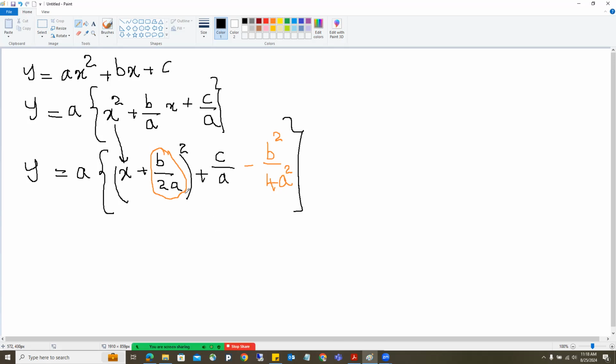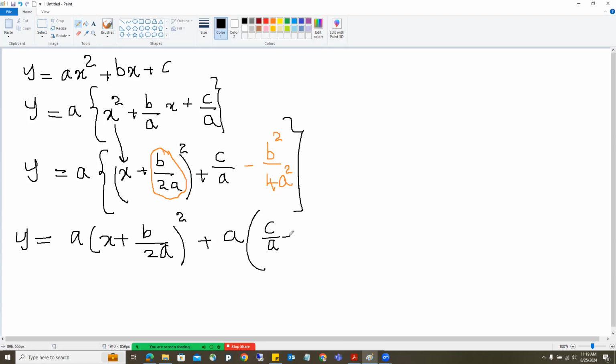Now to make it a proper vertex form equation, we need to multiply this one by a. So a times (x plus b over 2a) squared plus a times (c over a minus b squared over 4a squared).